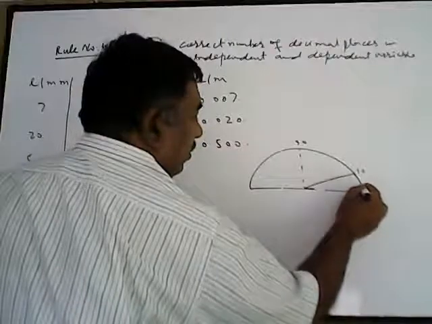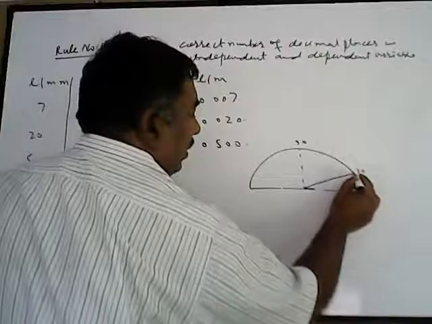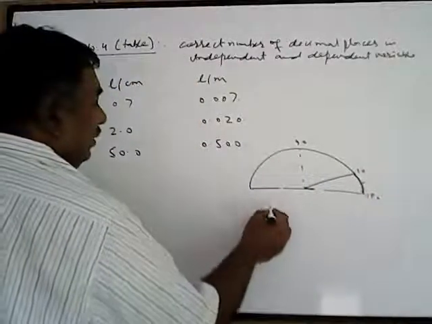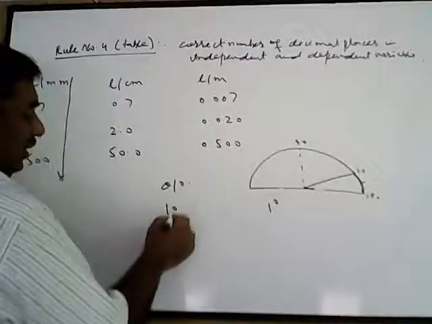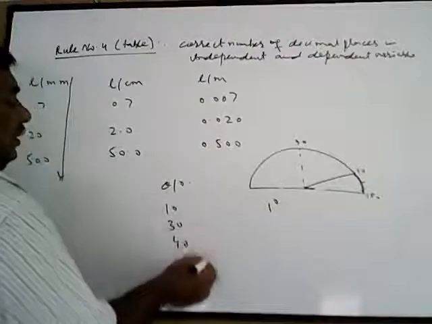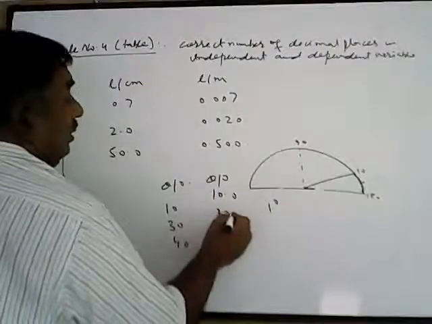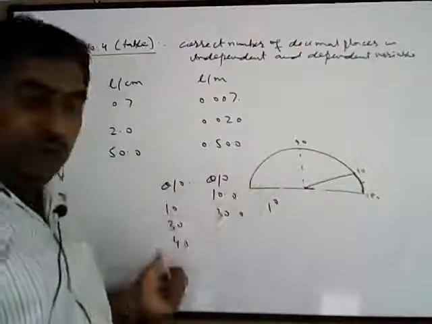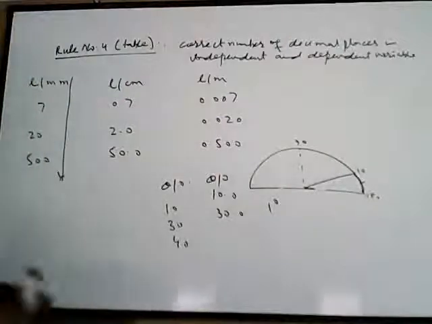So what is the least count or precision of this? This is 1 degree. So I can record theta in degrees as 10 degrees, 30 degrees, 40 degrees. I cannot record it as 10.0, 30.0, because this is not precise to 1 decimal place. This is precise to a whole number. So you have to take care of the precision.